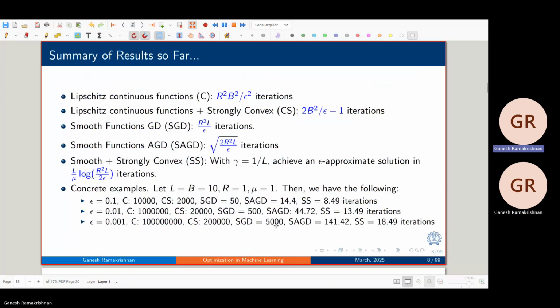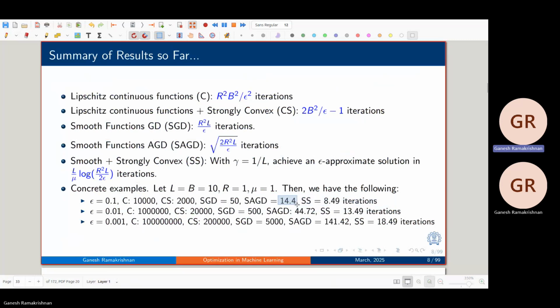These are the different ideas we have tried so far: strongly convex plus smooth. Now in the case of convexity plus smoothness, we have some slightly non-embarrassing results. Of course, they are not as good as smooth plus strongly convex.